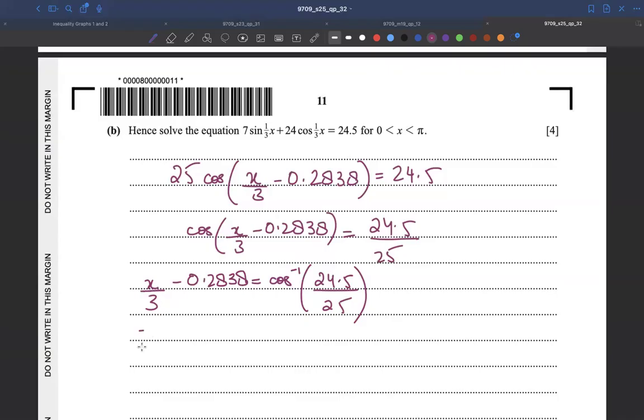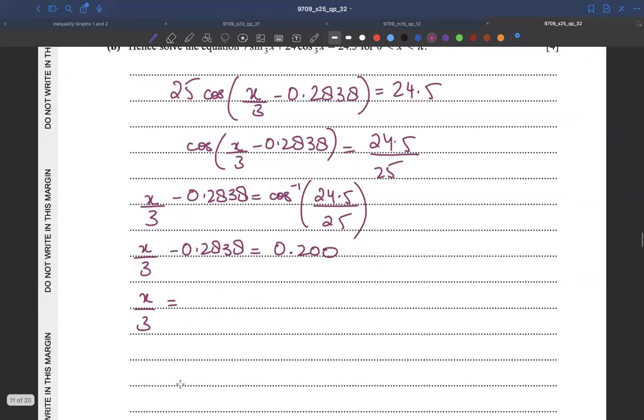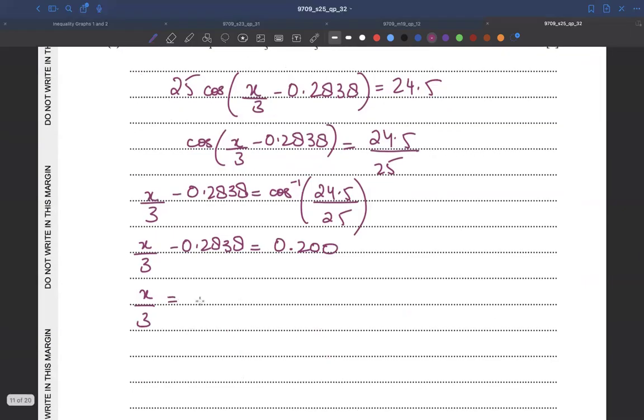So x upon 3 minus 0.2838 would be equal to 0.200. So x upon 3 would be equal to 0.200 plus 0.2838. And then we'll multiply this answer by 3. One of the values would be x equals 1.452. And to three significant figures, that would be 1.45.